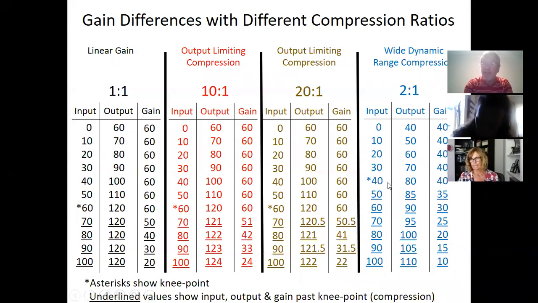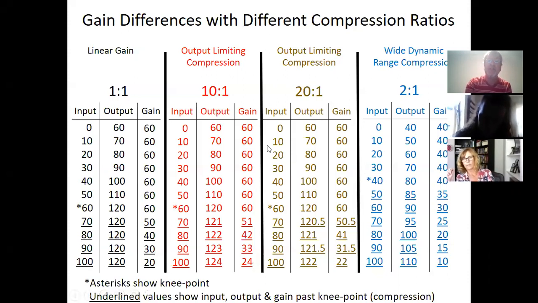And if you go past the knee point, now the gain slowly goes down, and it goes down at a ratio of 2 to 1. As the inputs increase by 10, the outputs increase by only 5. So it's a slow reduction of gain. Like Mrs. Jones seeing the stop sign way at the end of the road and slowly putting on the brakes way ahead of time, pissing off everyone behind her.